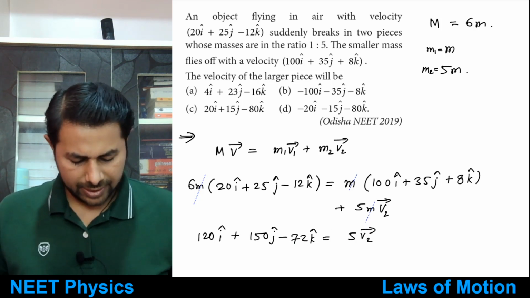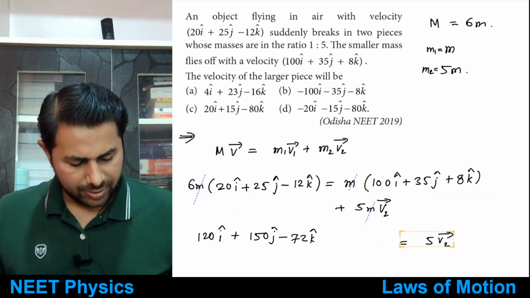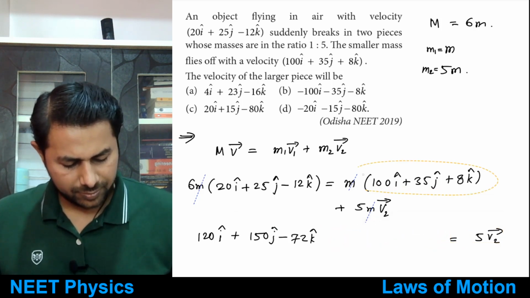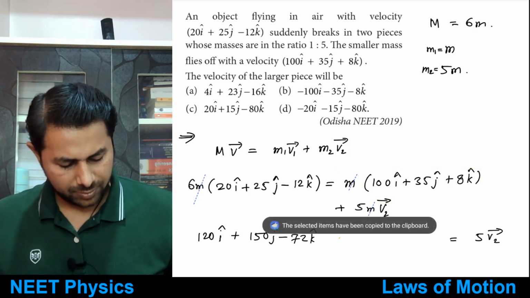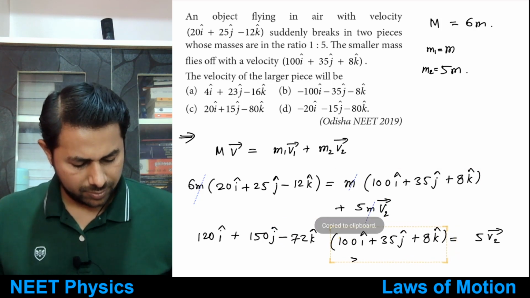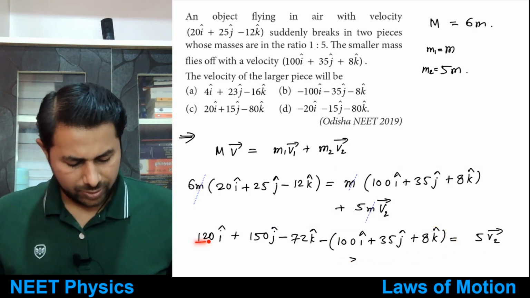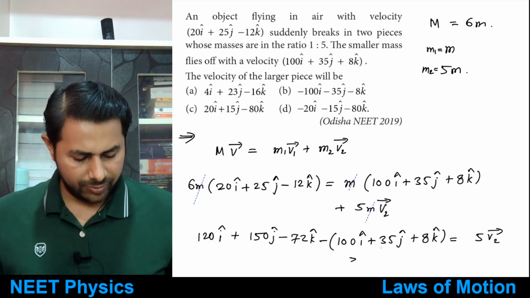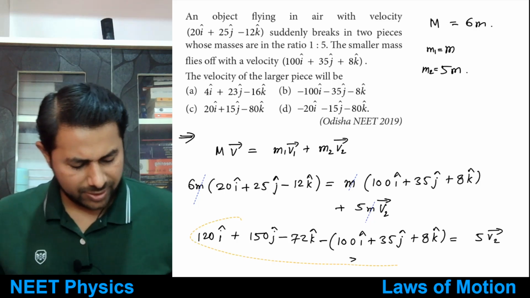Okay, and this thing I will take on the other side. Just subtract this. So 120 minus 100 is 20, and this is okay. So let's do it on the next page.